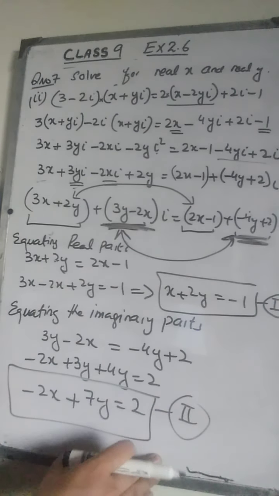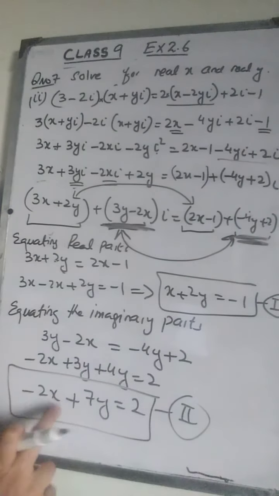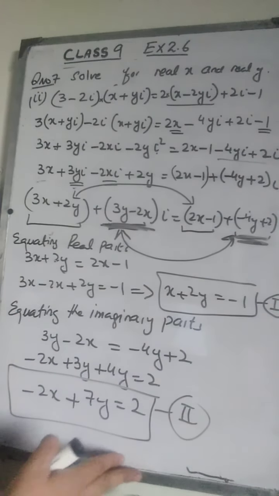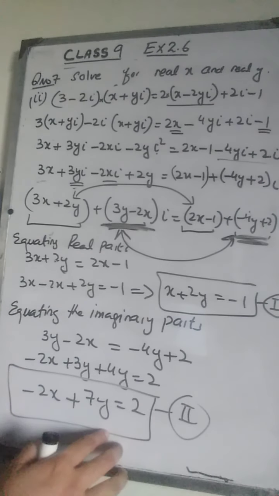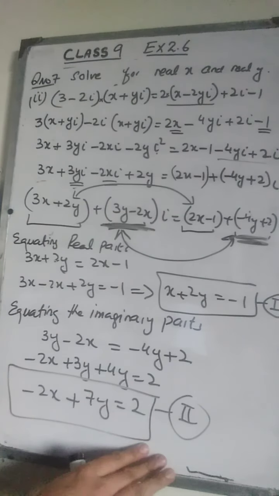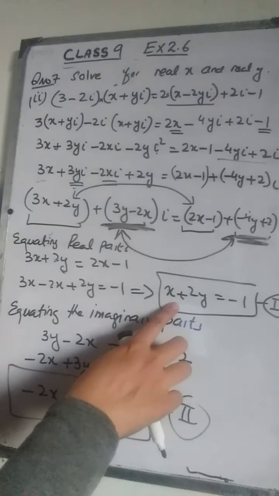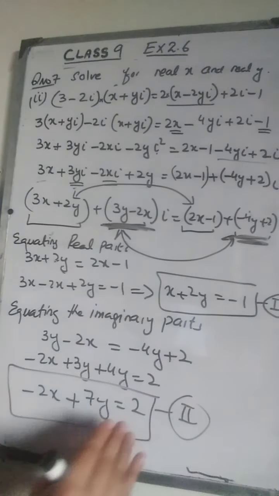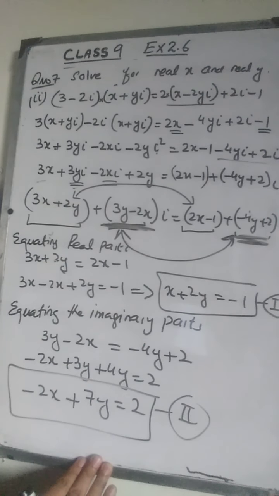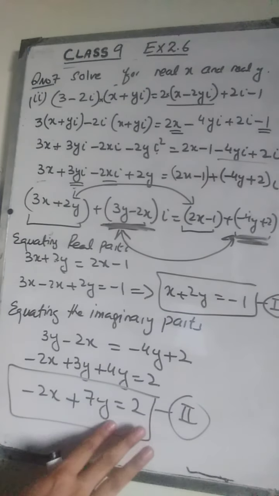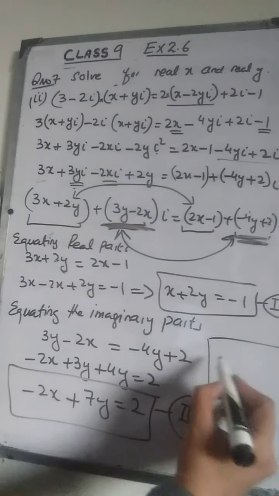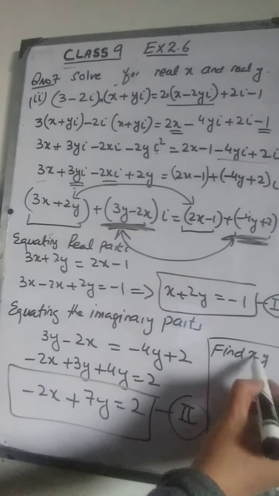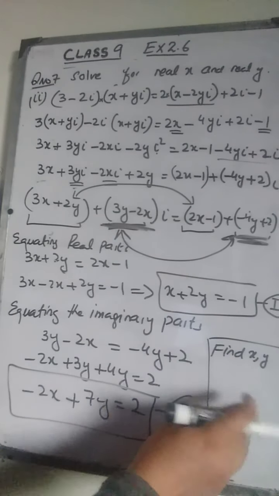Now as we did in part 1, you are going to solve these two equations together, either by elimination method or substitution method or through matrices, any method that you want. I will leave the solution of these two equations for you, and you are going to find the values of x and y in the same way as we did in part 1.